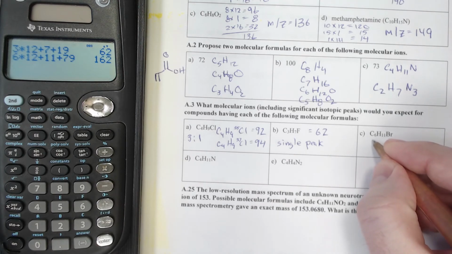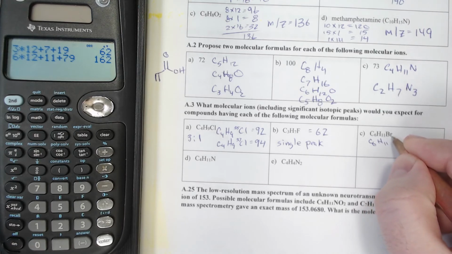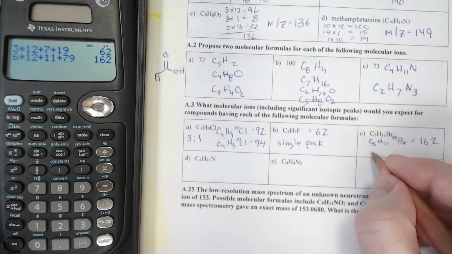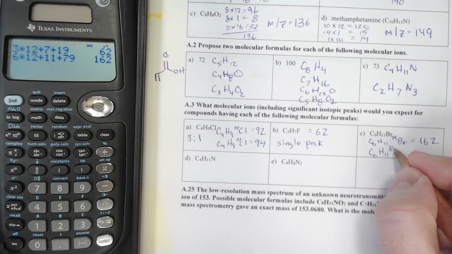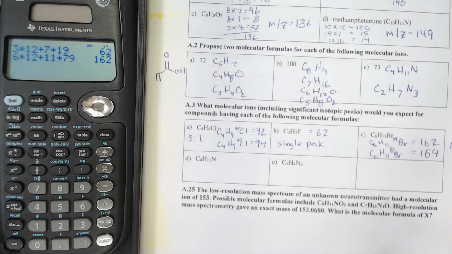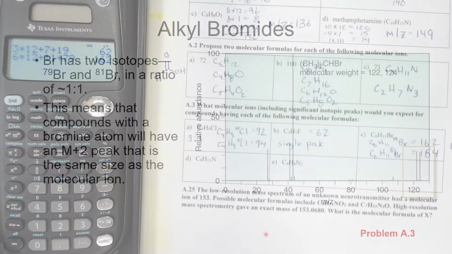So C6H11 79Br is going to be 162. And if we look at C6H11 81Br, that's going to be 164. This should be approximately a 1-to-1 ratio. Remember, for bromine, it is 1-to-1. We'll go back and look right here. There's that 1-to-1 ratio.